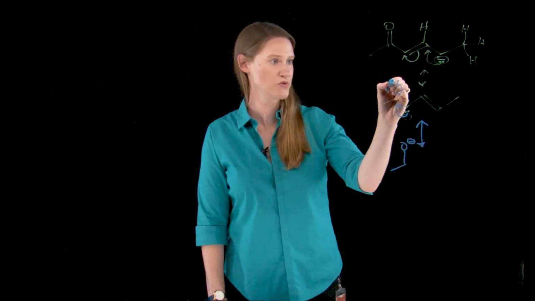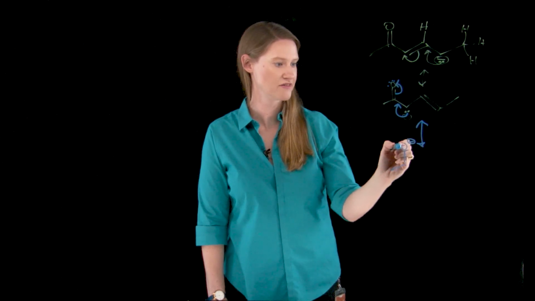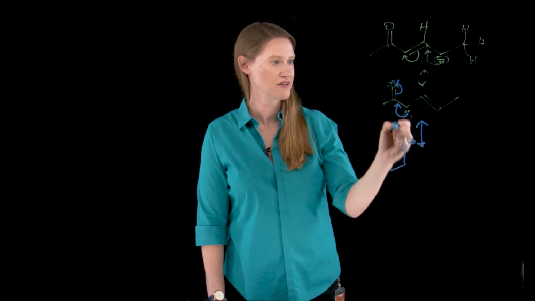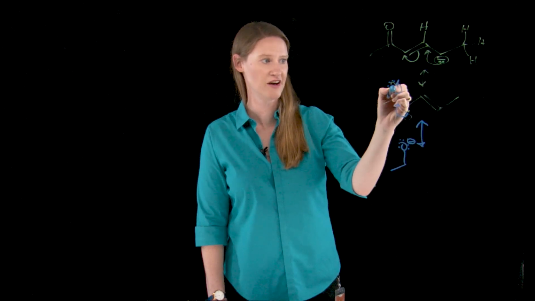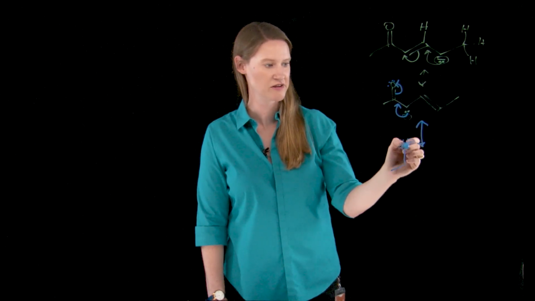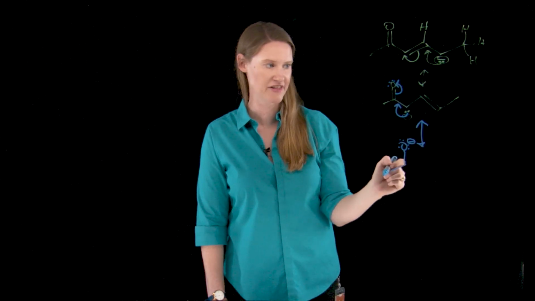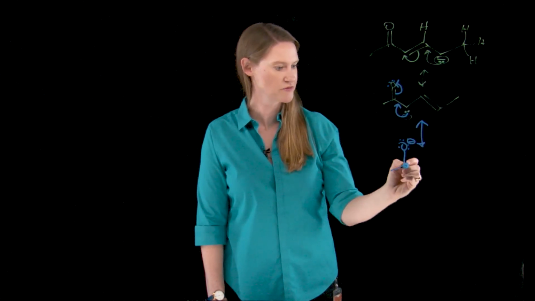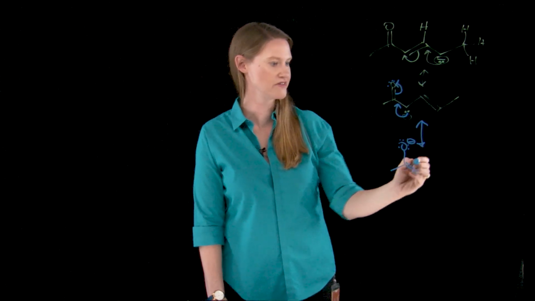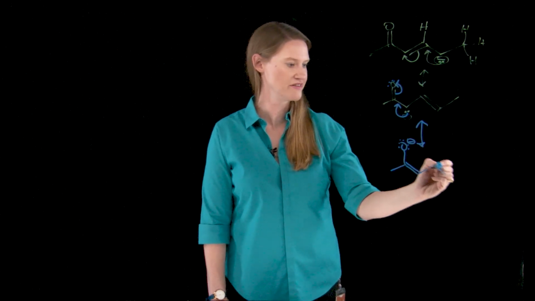It had 2 lone pairs, and now by moving the electrons that used to be between this carbon and this oxygen onto the oxygen, it has 3 lone pairs, and that makes it negatively charged. I have a new double bond between that carbon and the carbon next to it, and then the rest is the same.